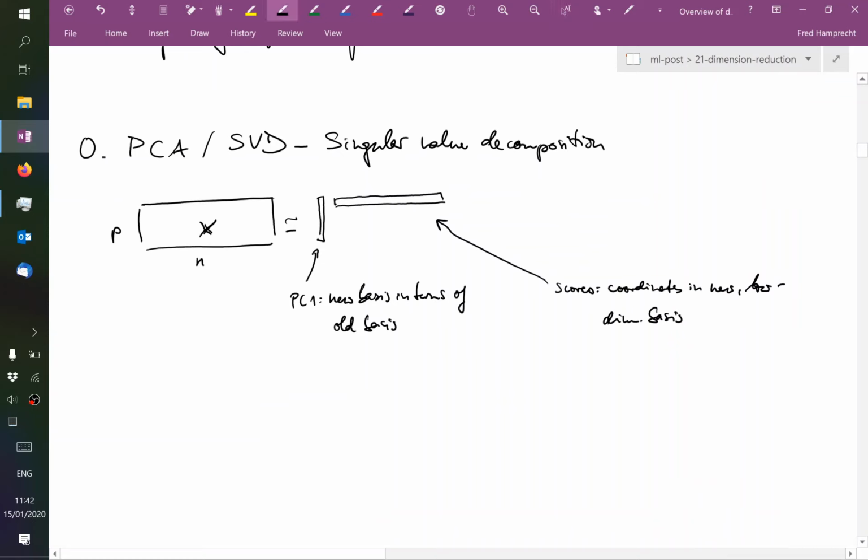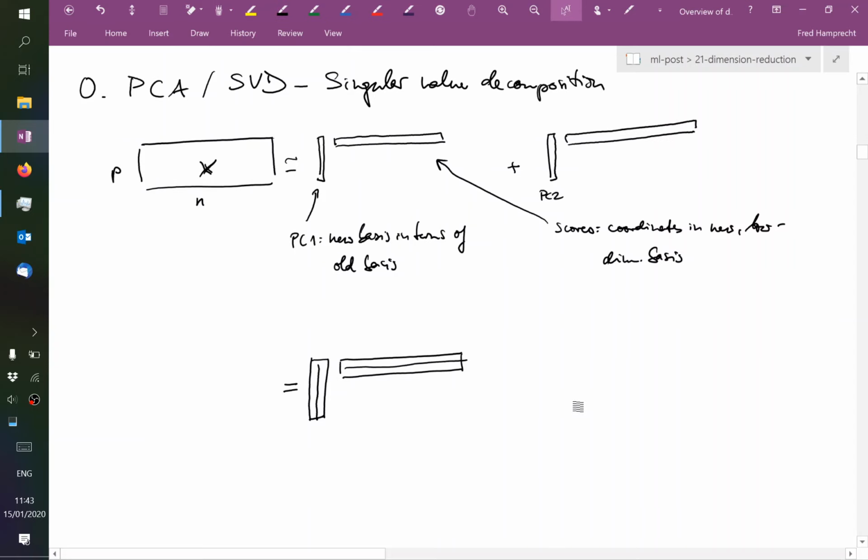Now, if a single principal component is not a good enough summary, then I may want to add a second principal component. So this would be PC2, and then I get the scores along the second principal component, and if I want more, I can add more. Now, let's say that I'm just using 2 here, then I can also write this as a product of 2 matrices.